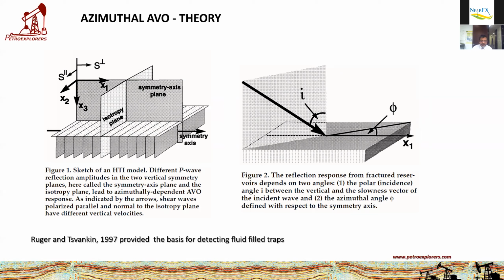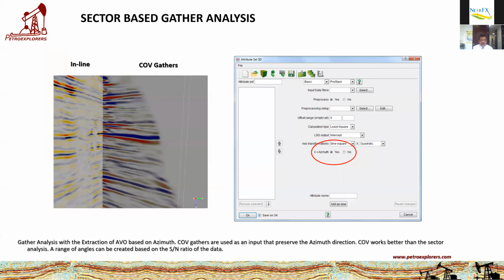So there is a difference in the gradients based on which direction you are investigating. With azimuth, it changes the amplitudes, and that is the AVO basis. Velocity variation has the same basis. The only thing with AVAZ is that you won't find the direction specifically, but you will find the fluid-filled path.